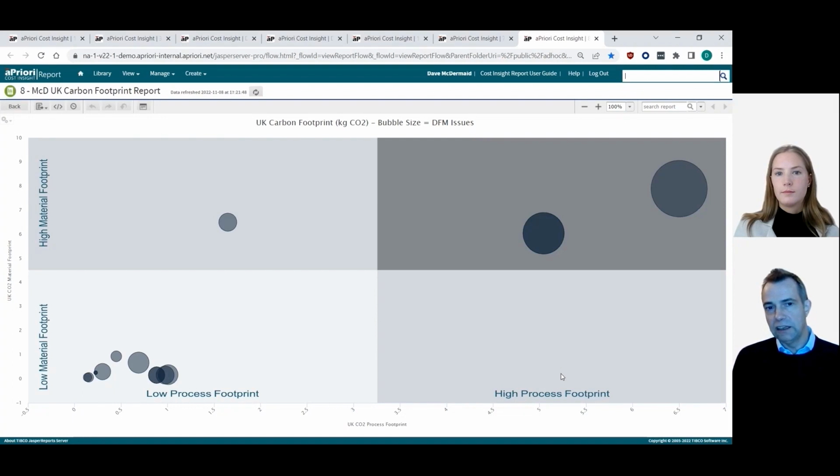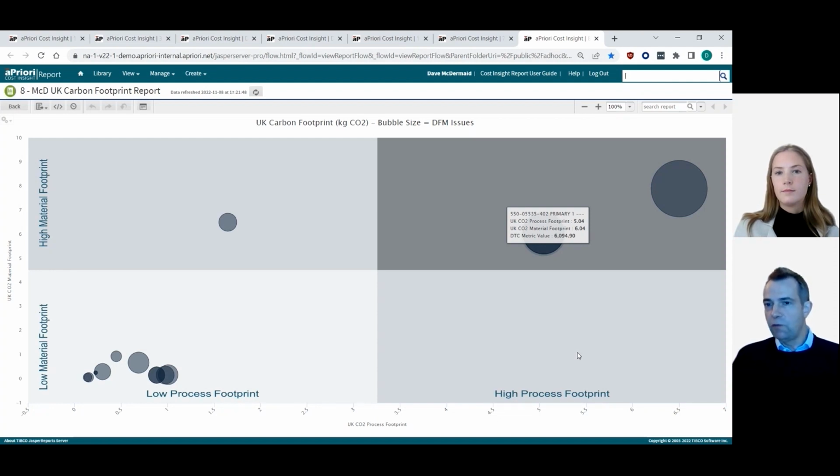Every component on here has a calculation on the carbon footprint from a material perspective up the vertical axis and from a process perspective along the bottom axis. The size of each bubble in here represents the number of DFM issues, manufacturability issues. Therefore, large bubbles up in the top right-hand corner represent components that are not just difficult to make but consume a lot of carbon.